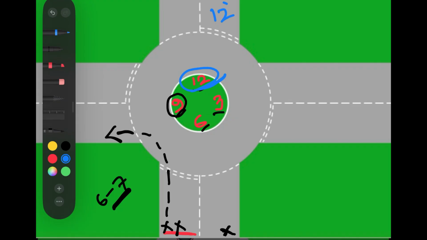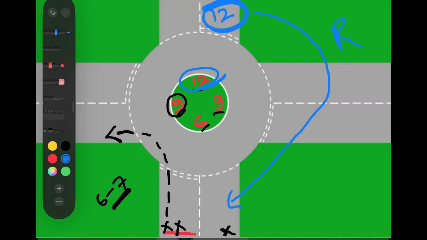Okay, so this is what we can say. Anything after 12 o'clock position, so this is 12 o'clock position, and then anything from this point up until here is classed as right.